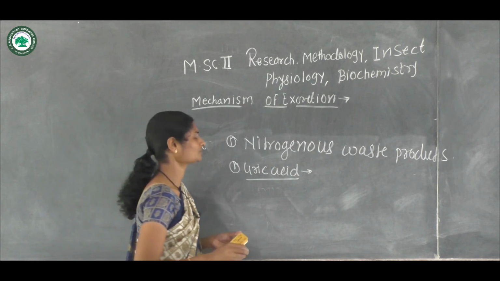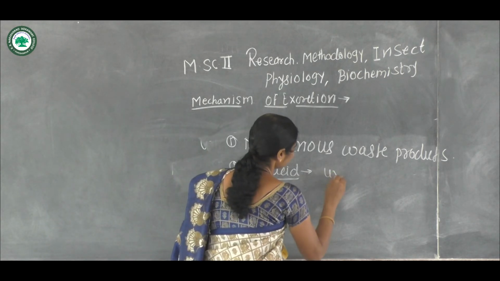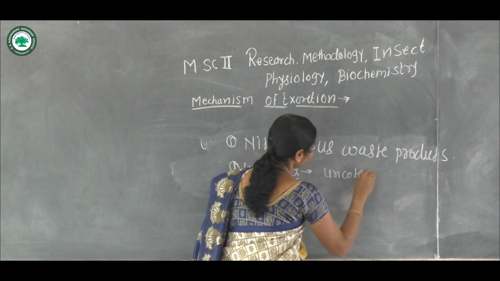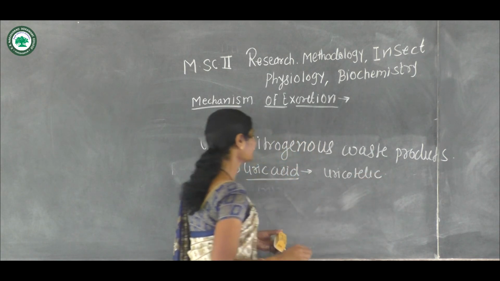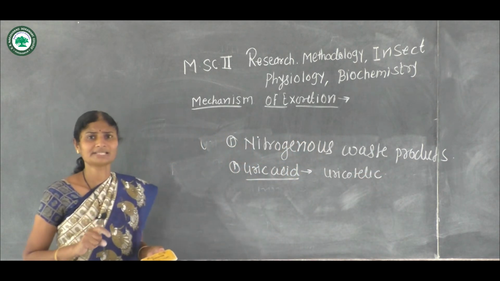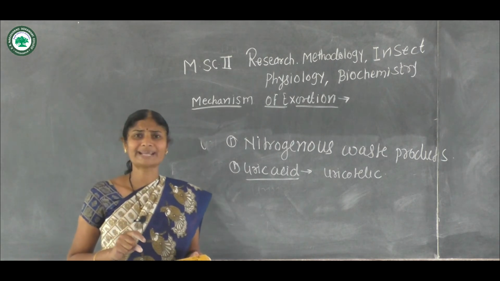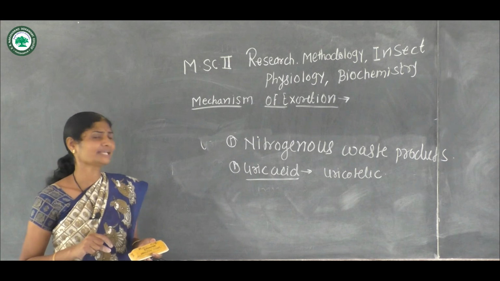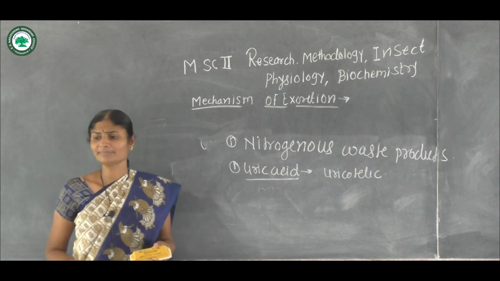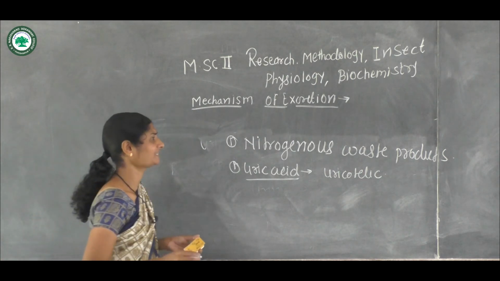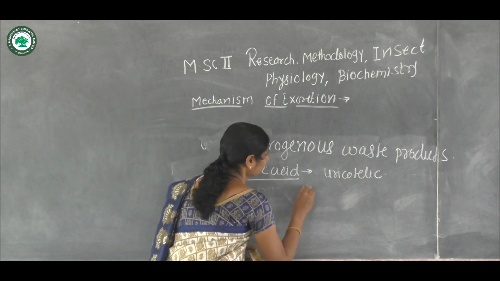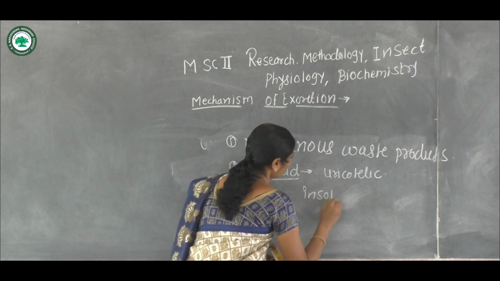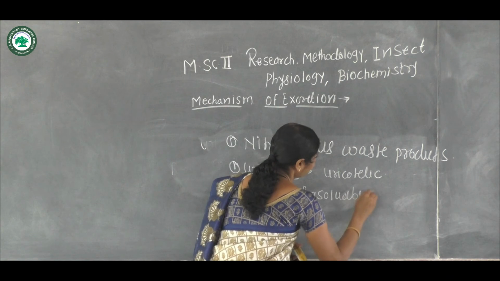Animals that excrete uric acid as the nitrogenous waste product are called uricotelic animals, and this is called uricotelism.